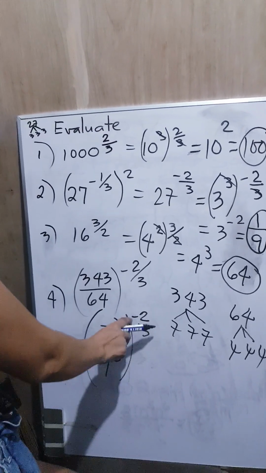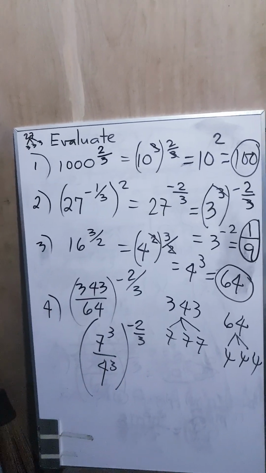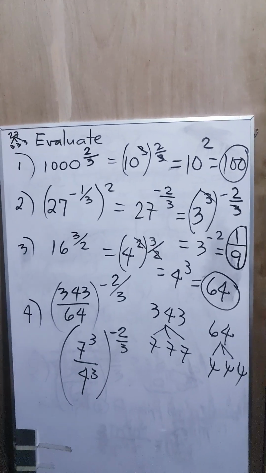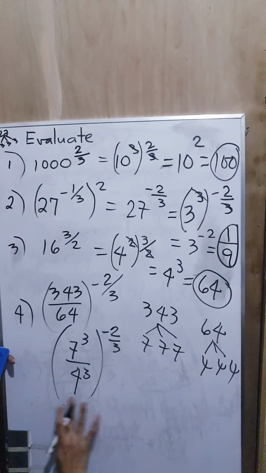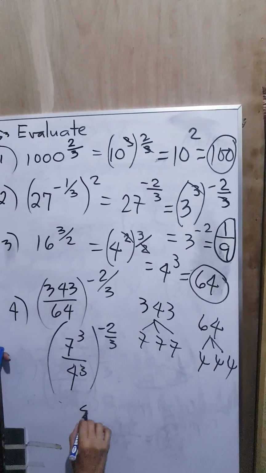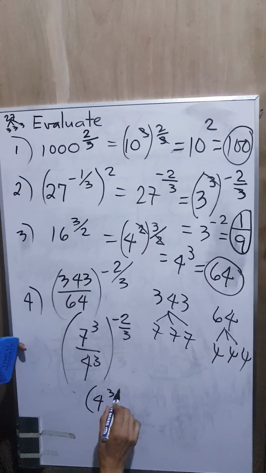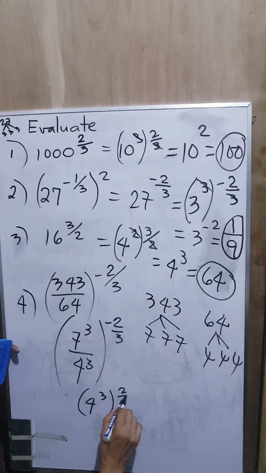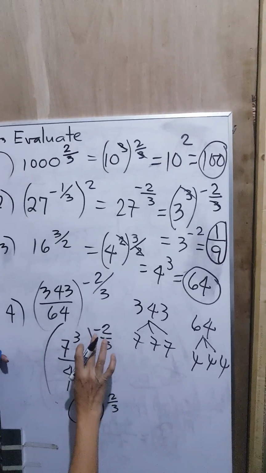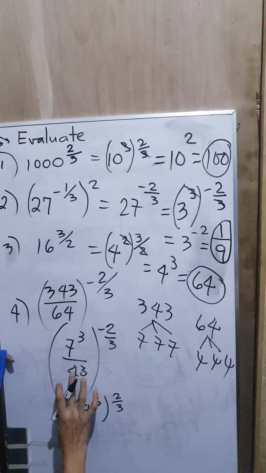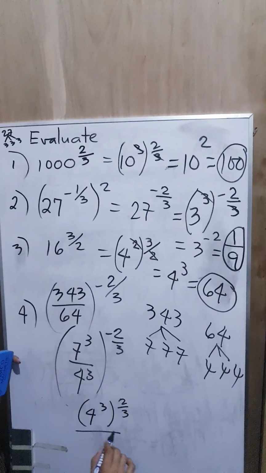So to eliminate the negative, you just simply interchange. You get the reciprocal. That will be 4 to the power of 3 times 2/3. So the negative becomes positive because you get the reciprocal.